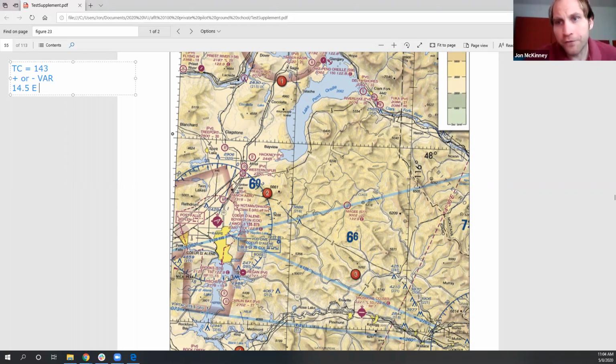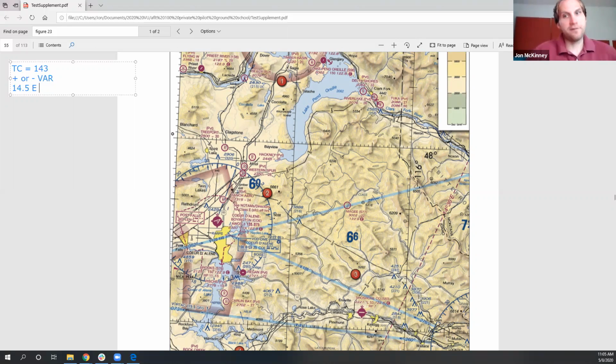Everybody has heard the phrase: east is least, west is best. The idea is that if it's an easterly variation, labeled with an E, then we subtract the number to give us a heading more to the left. If it's a westerly variation, then we add the number, which gives us a heading more to the right. That is the correct answer.